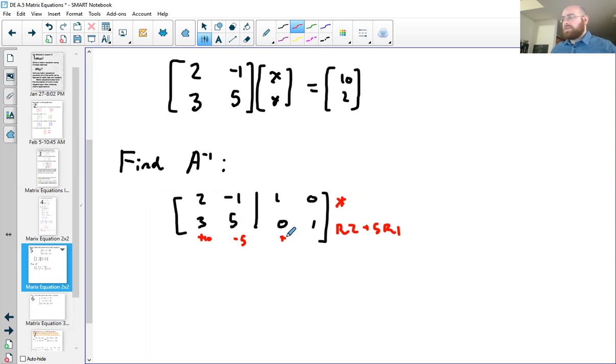Then plus 5, plus 0. And then we have 13, 0, 5, 1. And then 2, -1, 1, 0.